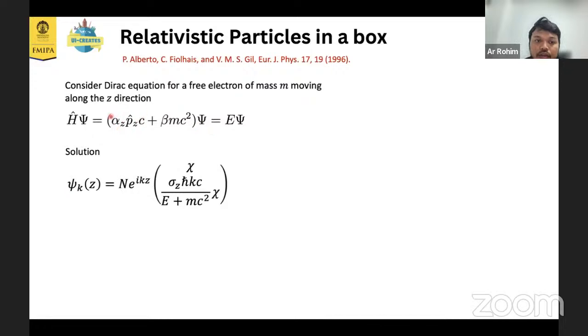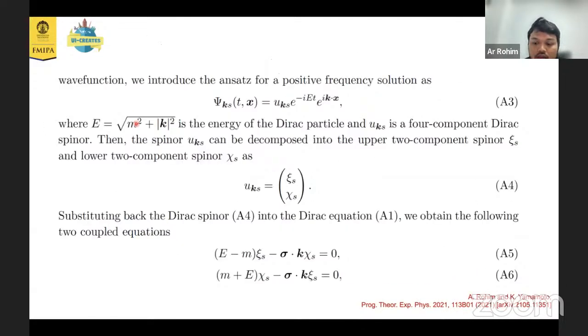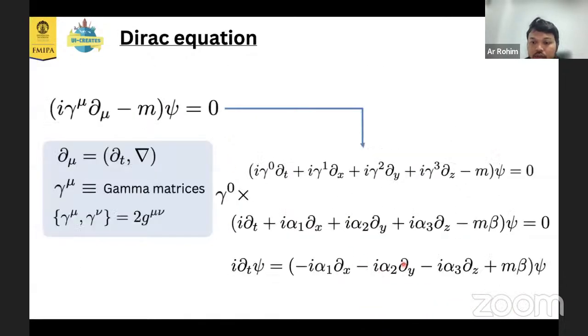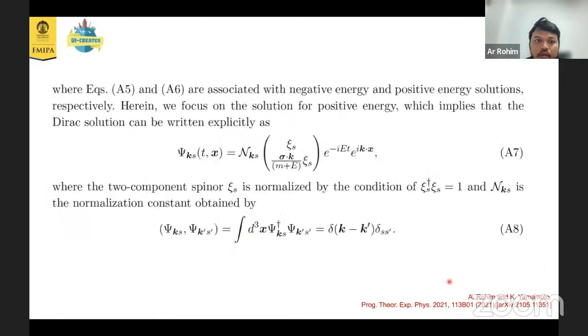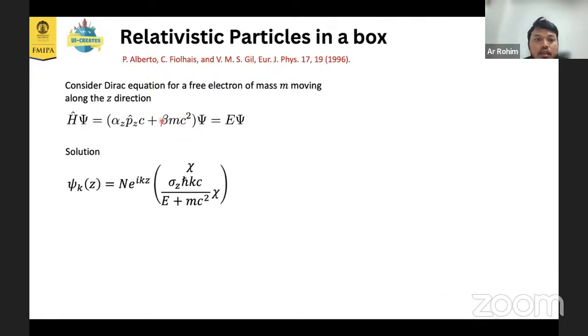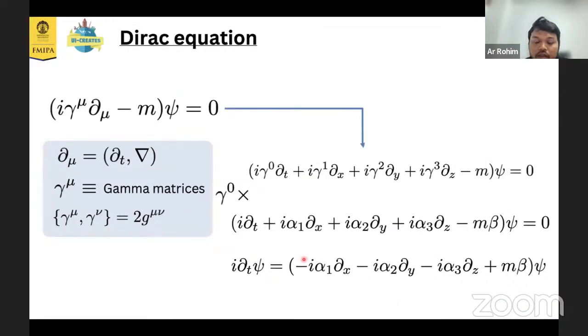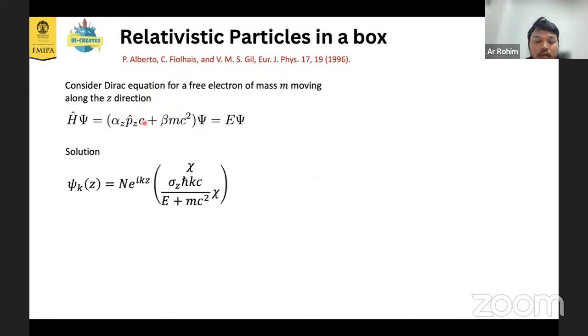So in these expressions, we do not include the contribution from the x and y terms. So we only write this one, and this one, and this one. Okay. And you may notice that in this expression there is a c factor, but in this expression we do not have it, because in this slide we use c equals 1, and in this paper they keep the value of c.